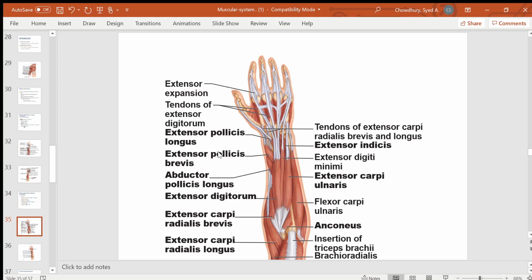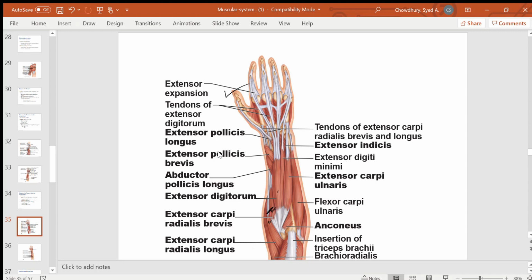Here, let's see, we start from the radial side. Extensor carpi radialis. There are two, right? One is the longus, another is the brevis. Okay, long and short ones. So these two. Then this is the radial side, remember, thumb side, and this is the back of the forearm.